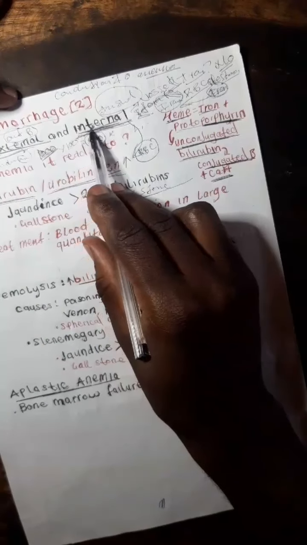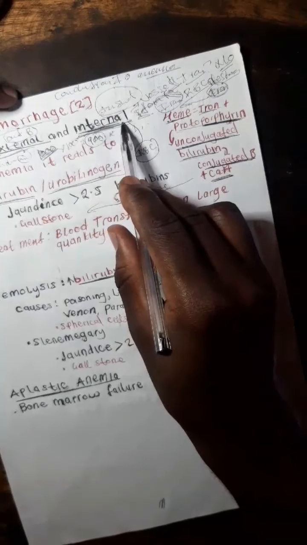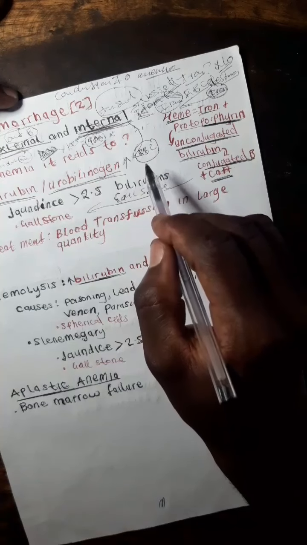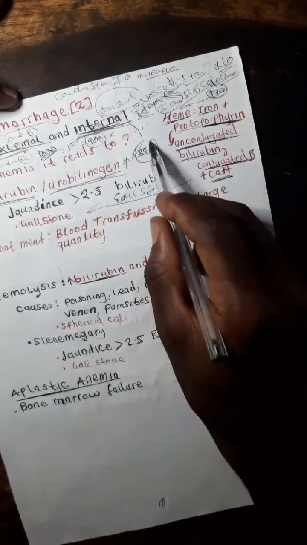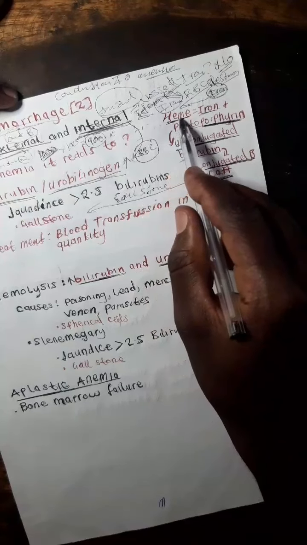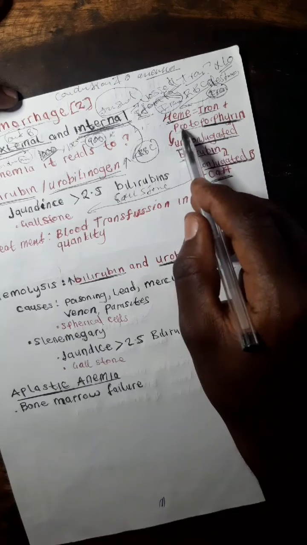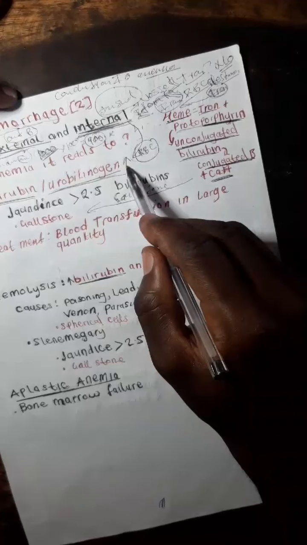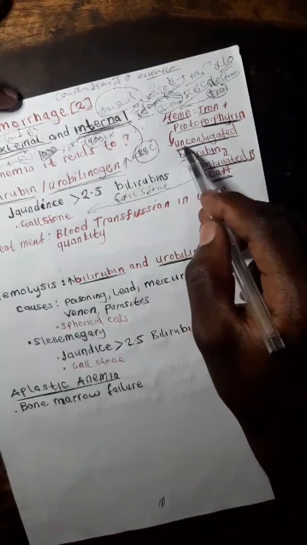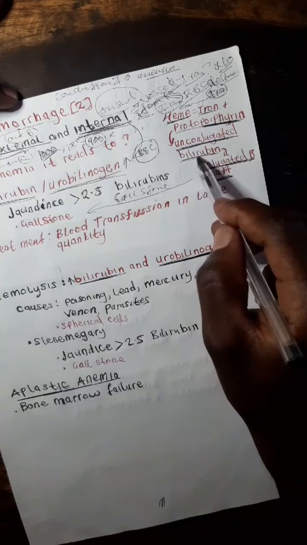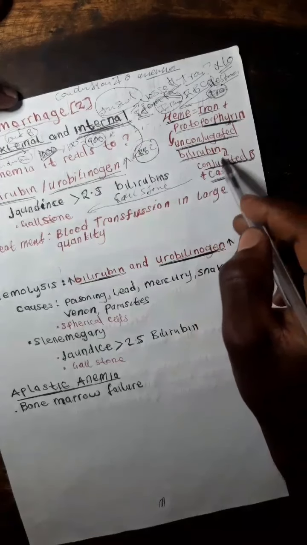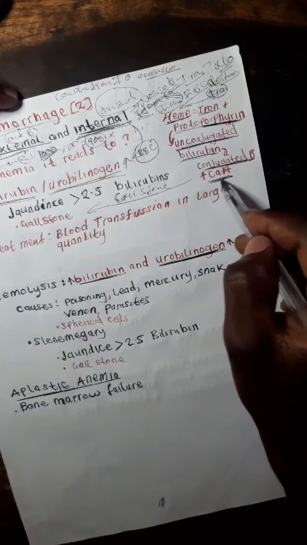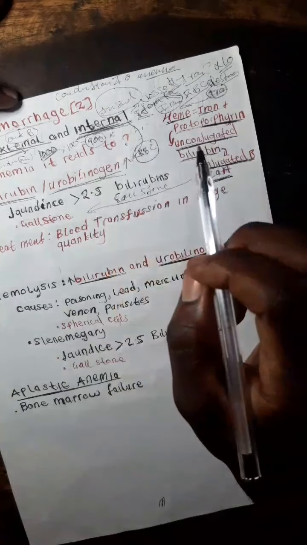So internal bleeding can lead to the destruction of the red blood cells that have been lost. These red blood cells produce the heme. The heme produces the porphyrin. The porphyrin is converted to unconjugated bilirubin. Unconjugated bilirubin is converted to conjugated bilirubin, which combines with calcium to form gallstones.